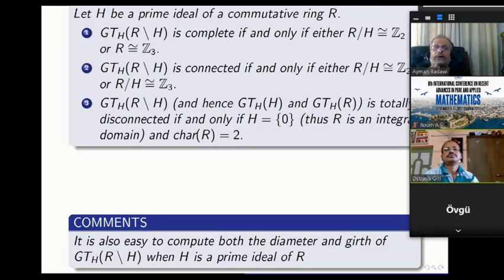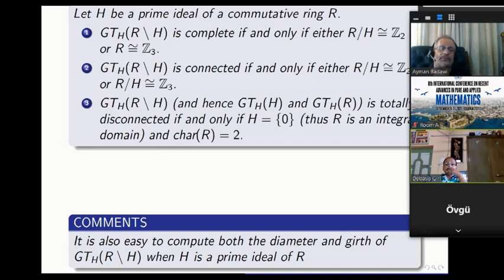Here, assume H is a prime ideal again. This graph has as vertices all the elements of the ring except the elements in H. And again, how do you connect two vertices?